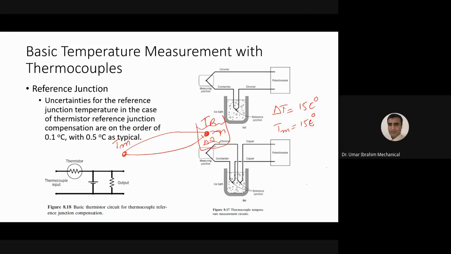Is it clear, students? For the cold junction or reference junction we can use two methods. One method is that we keep the reference junction at a known temperature. The other method is that if we cannot keep the reference junction at a known temperature, then we need to use another temperature measurement device to measure the reference junction temperature value.